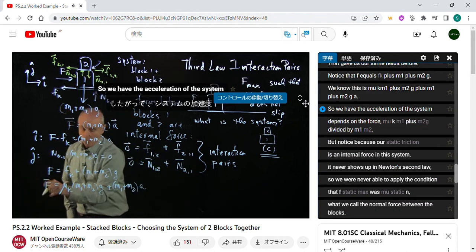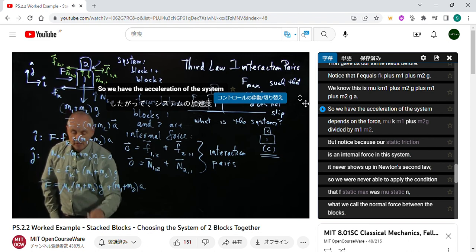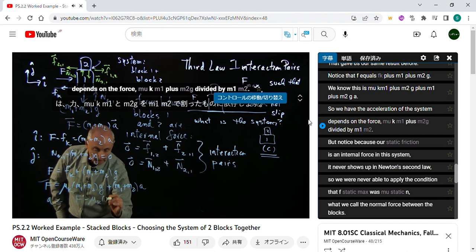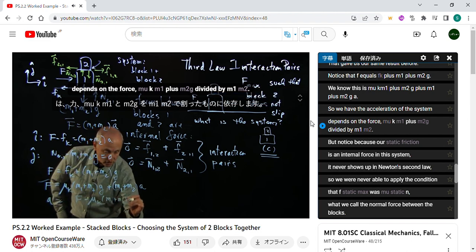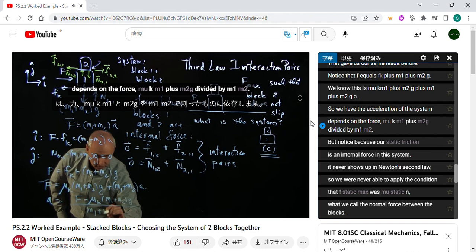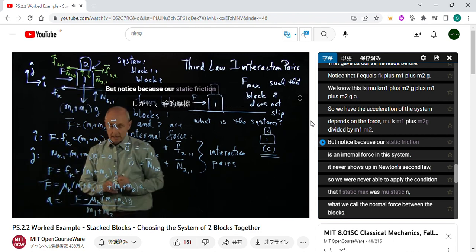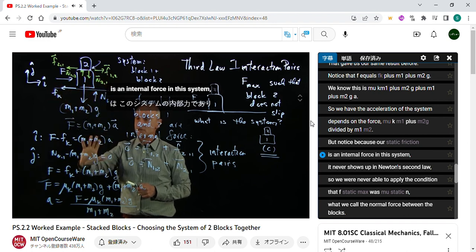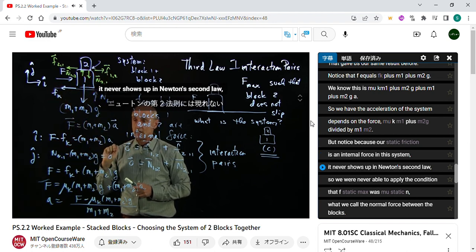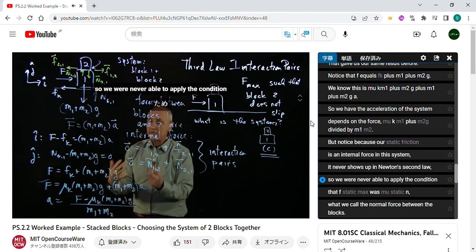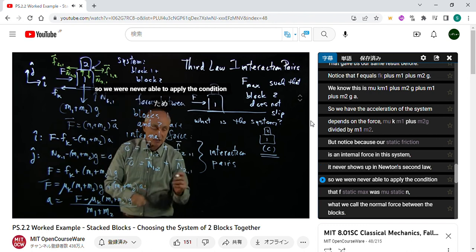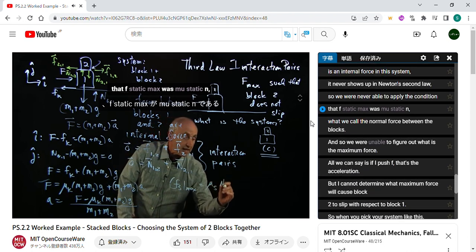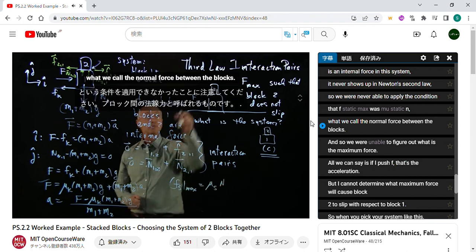So the acceleration of the system depends on the force minus mu k (m1 plus m2)g, divided by m1 plus m2. But notice, because our static friction is an internal force in this system, it never shows up in Newton's second law, so we were never able to apply the condition that F static max was mu static N, where N is the normal force between the blocks.